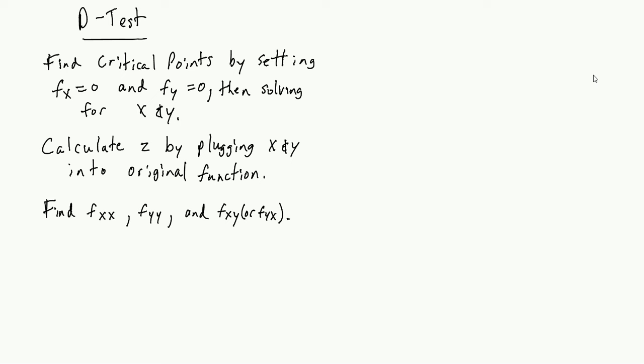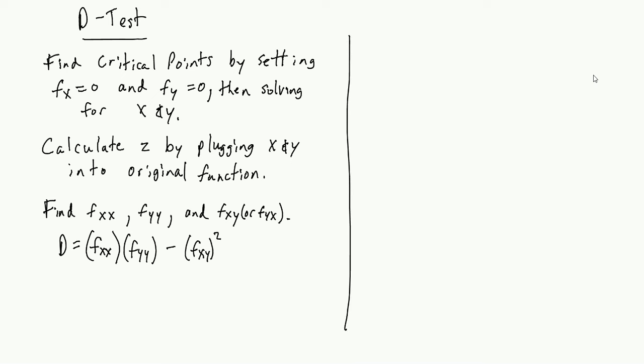So this formula is going to come from it. I'm not going to write it out, but the formula that we can just use is f double x times f double y minus f sub xy squared. That's going to give us d.